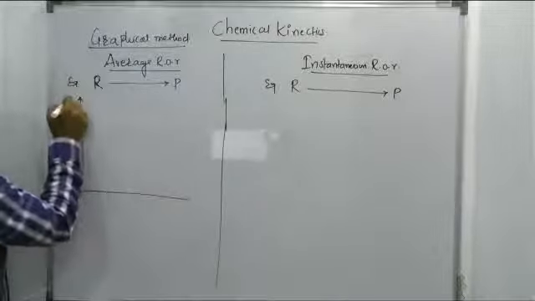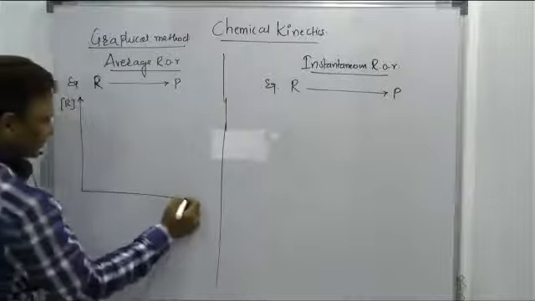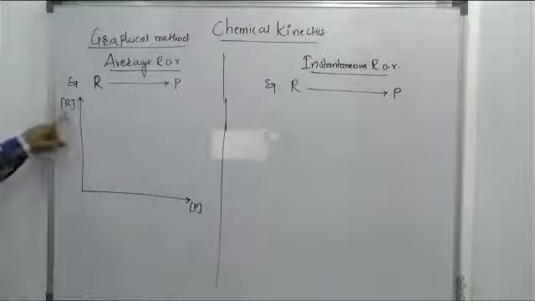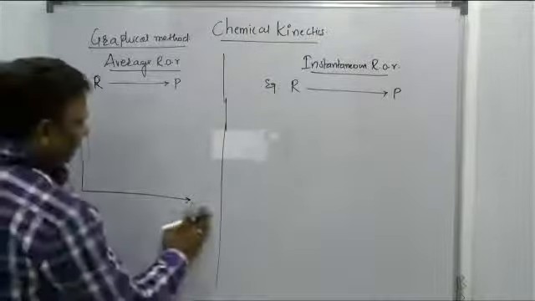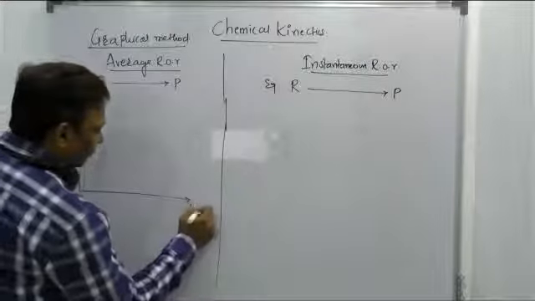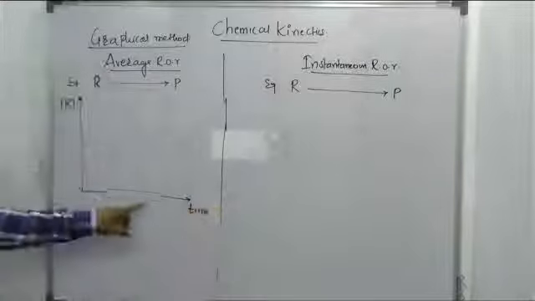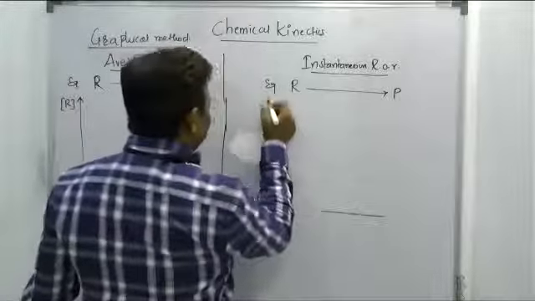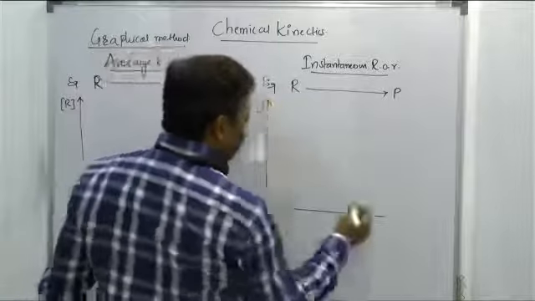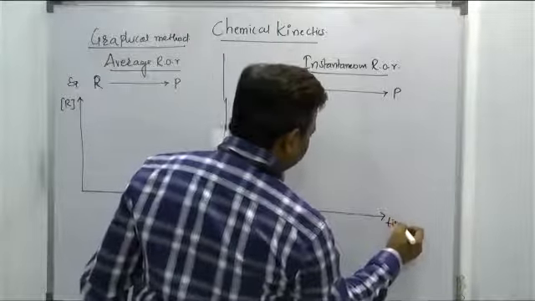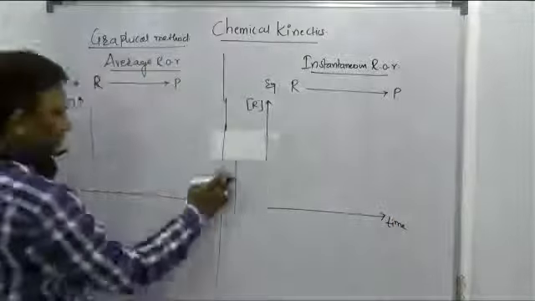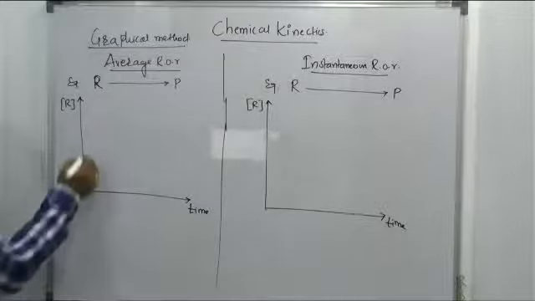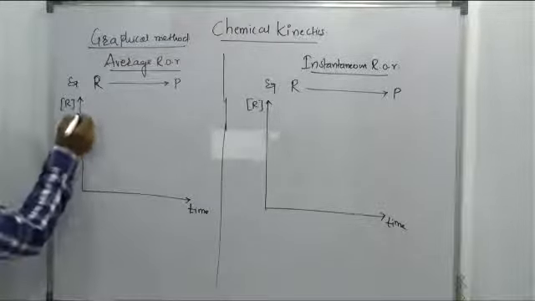This is the reactant R. One thing we'll do: the concentration of reactant R with respect to time T. If it is the average, we get the graph in this way.